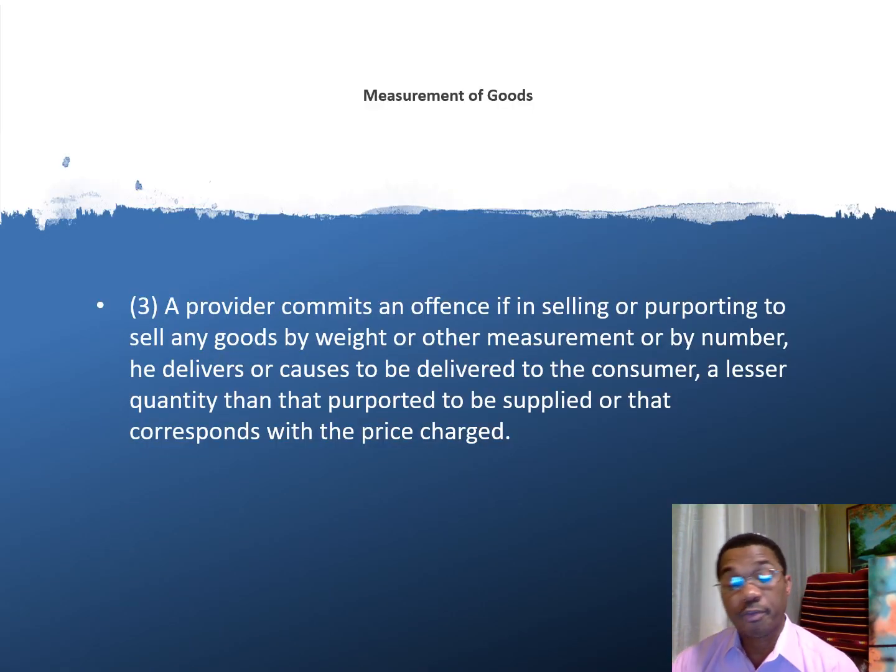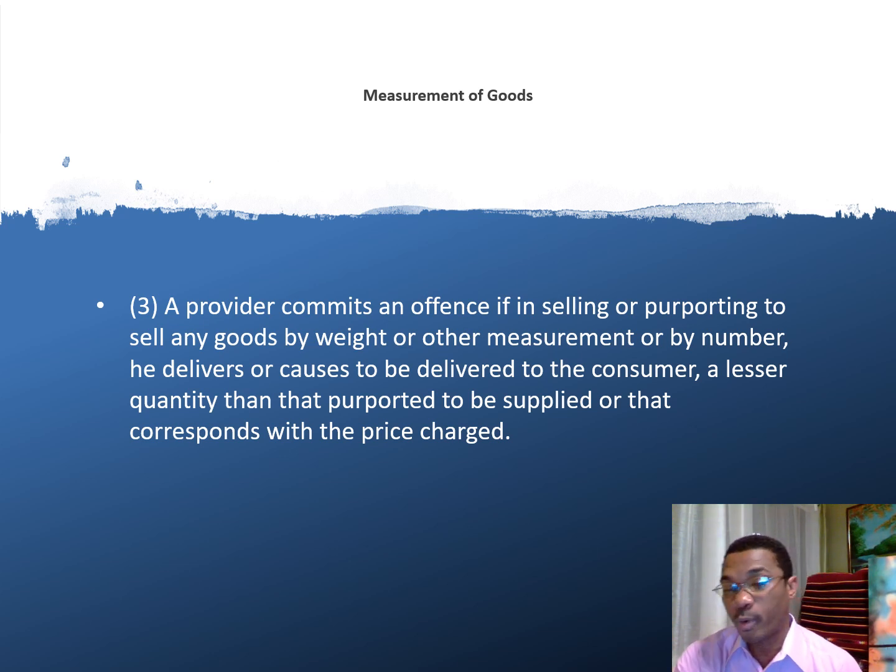So subsection 3 of section 19 obviously makes it an offense if the provider does not give you the proper weight or the proper measurement or the proper numbers to be delivered. And if you pay for a dozen and you get 10, then that is an offense.